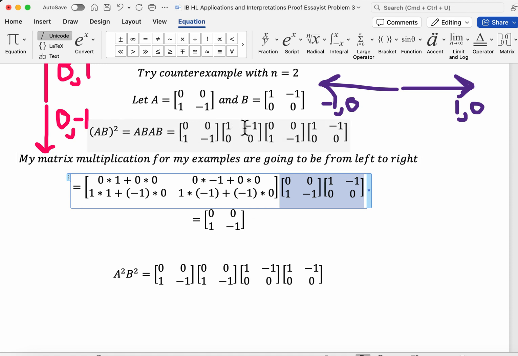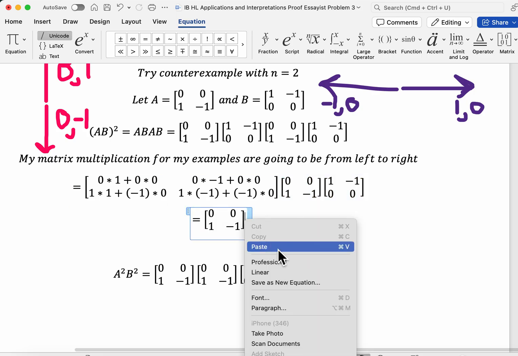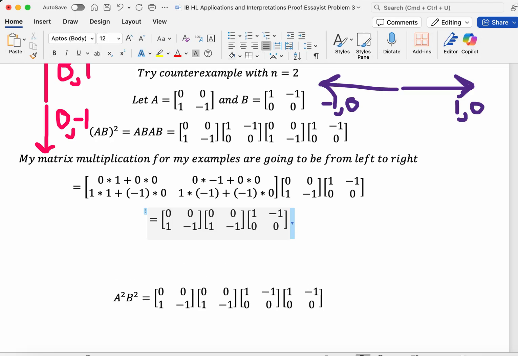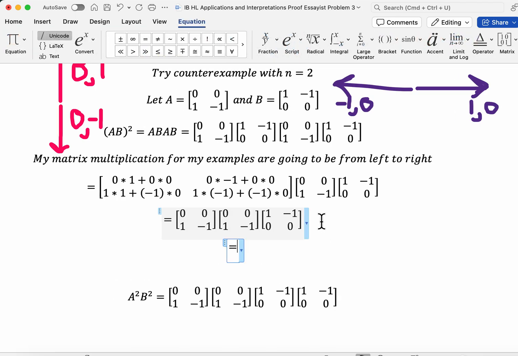The 0, 1, 1, negative 1, 0. Okay. Zero, 1, 0, negative 1. So if I take this and I multiply it by these things flipped over, I basically get the same result for this. So somehow this ends up being sort of like an identity matrix multiplication of a sort.